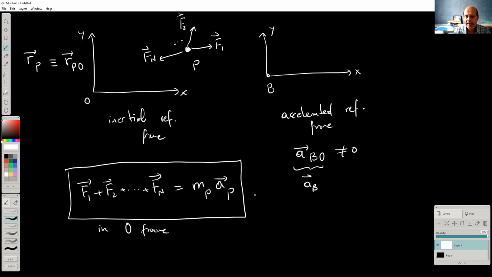Okay, and let's just remember that all accelerations have the same value in all inertial reference frames.